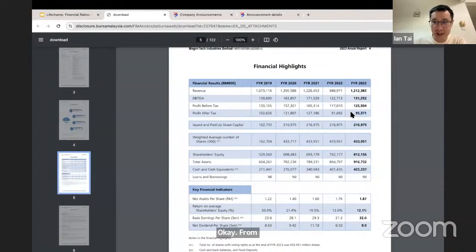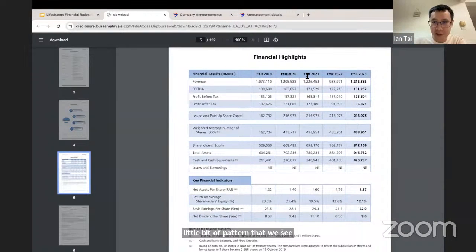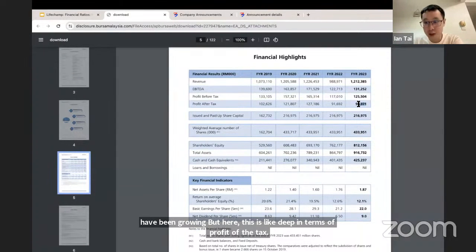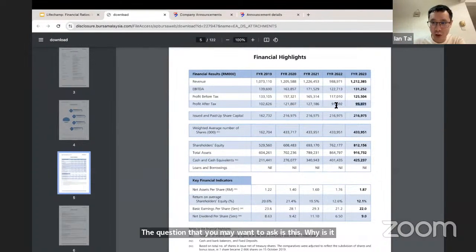From here, what we can see is that there is a little bit of a pattern. If you look at these figures, profit after tax has been growing, but here there's a slight dip in profit after tax. So as an investor, if you are already a shareholder of this company, the question you may want to ask is: why does the profit drop to this level, 90 to 100 million, as compared to last time, when it could generate 127 million ringgit?